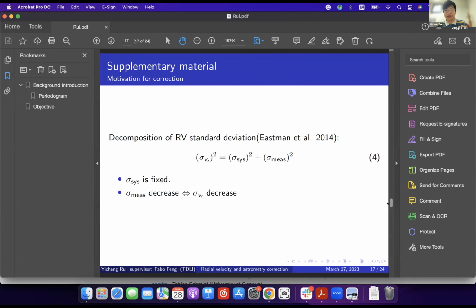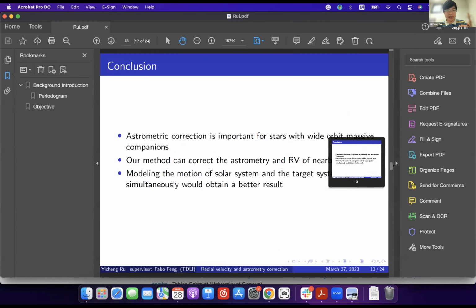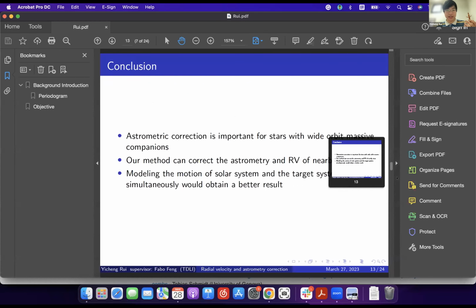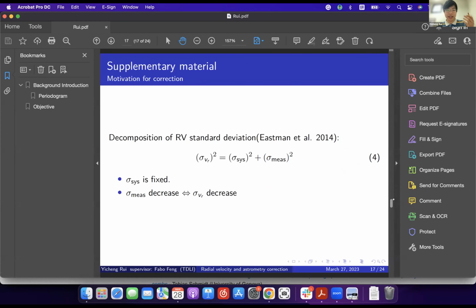The motivation is to decrease the scatter of the radial velocity. You can see the model is that you need to decrease the scatter of the radial velocity. Why can we do it? Because in theory, we can decompose the weighted standard deviation of the radial velocity. The noise makes some contributions and the signal also makes some contributions.